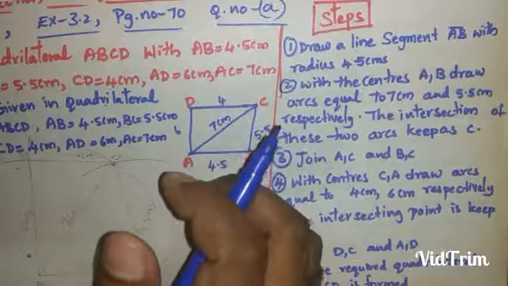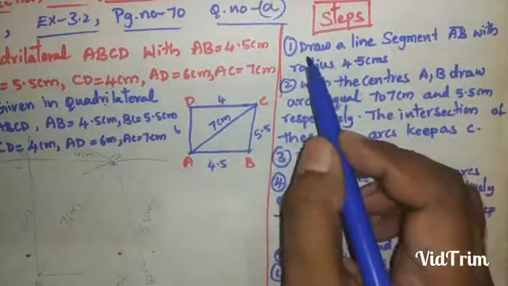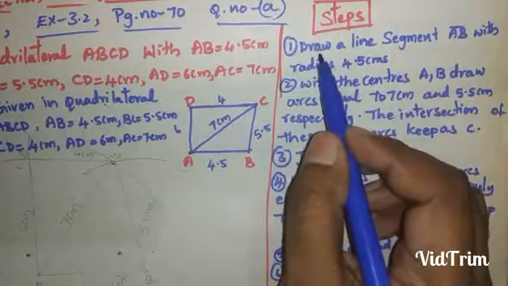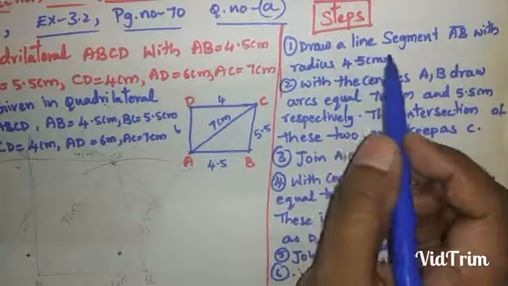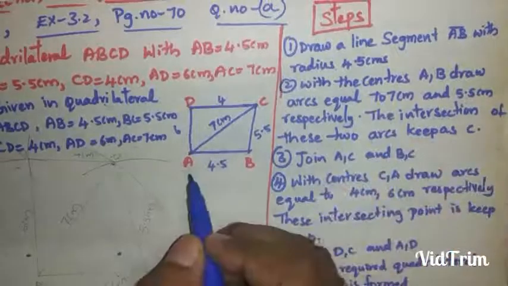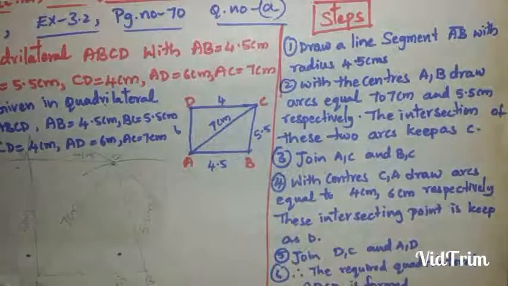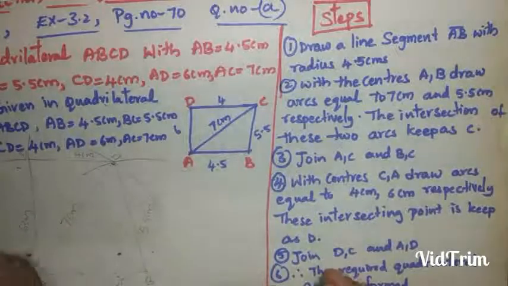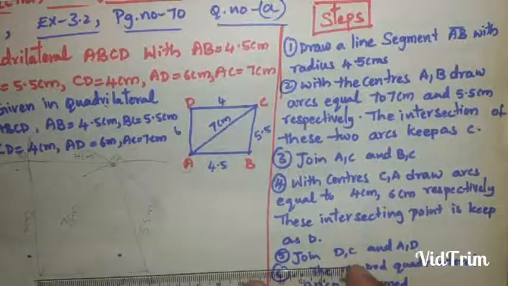Now let us see the construction along with the steps. First, what we should do? Draw a line segment AB of 4.5 centimeters. In the rough figure, AB is 4.5 centimeters. First let us take a scale.